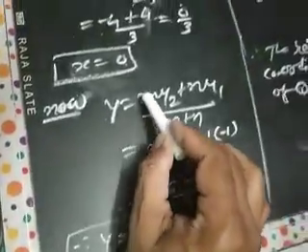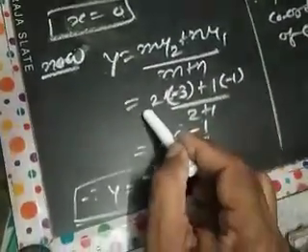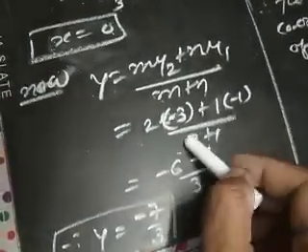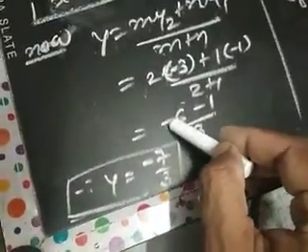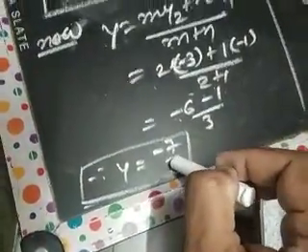The first coordinate is 0. Now y is equal to (m y2 plus n y1) upon (m plus n). So 2 into (minus 3) plus 1 into (minus 1), upon 2 plus 1. So minus 6 minus 1 upon 3. So we get y is equal to minus 7 upon 3.